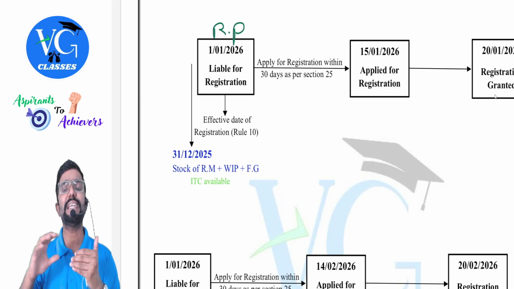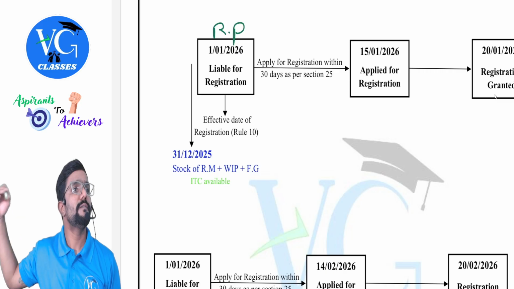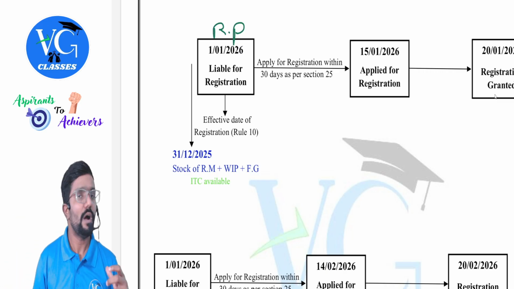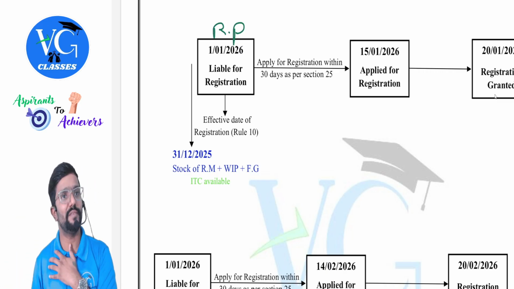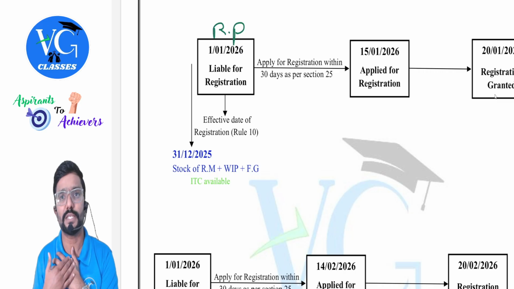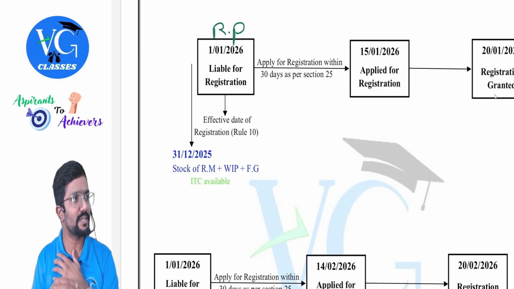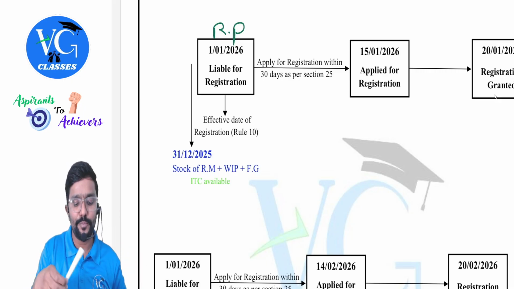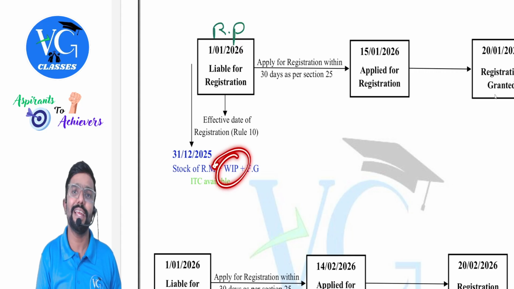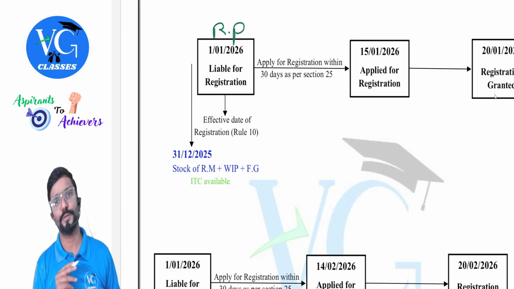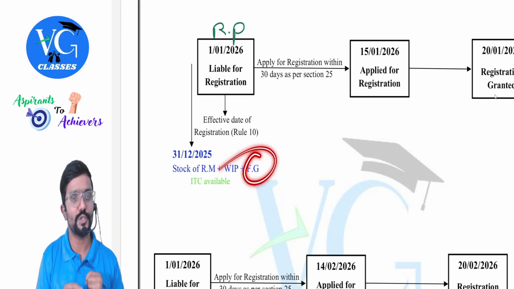So when will I complete it and sell it? On or after 1st January. When I complete and sell it, I am already a registered person. Should I pay GST on it? Yes. In that case, whatever input tax I have paid on the purchase of this, can I claim the credit on it? Yes.